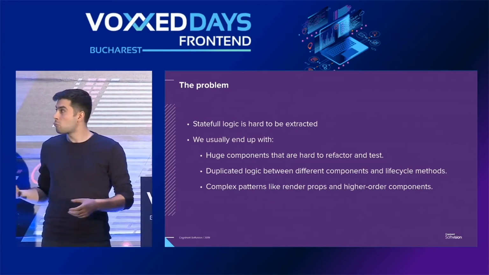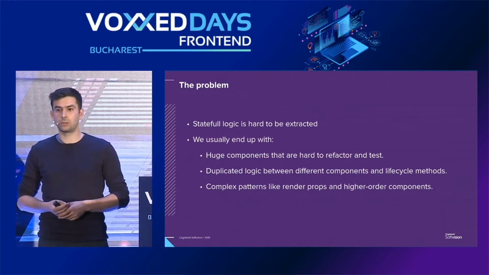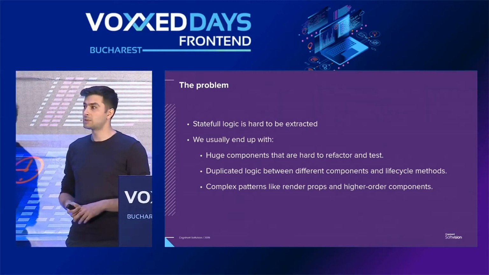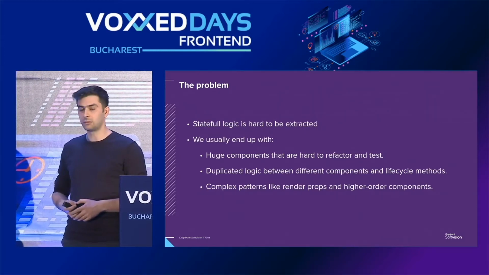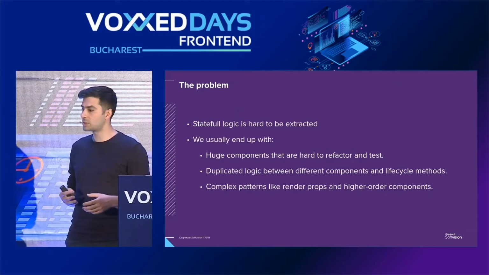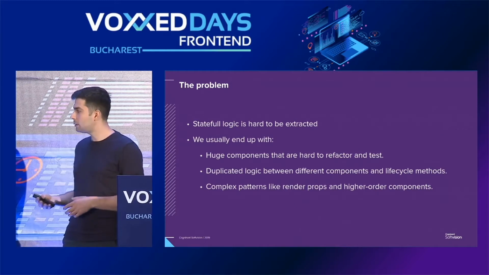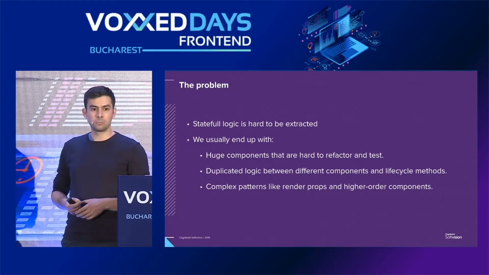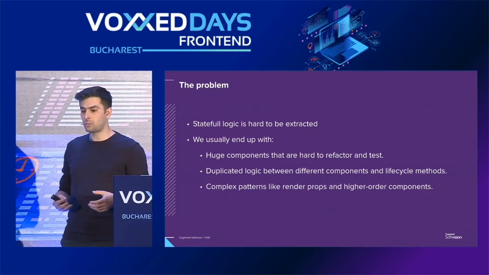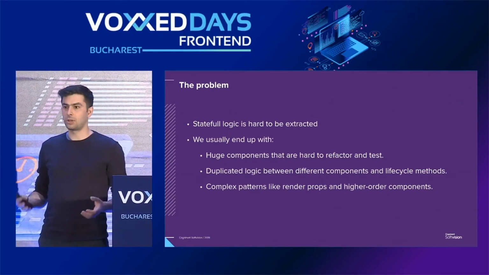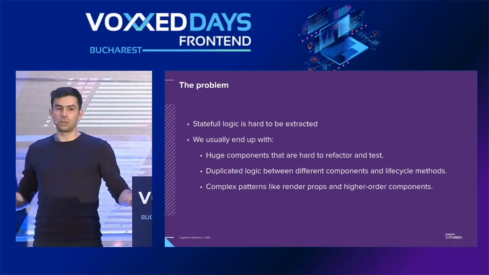So what's the biggest issue in using class components? It's state. It's state logic. It's painful to extract and to compose components in such a way that the state might be reused and not duplicated. So yeah, we end up with components that are wrapped around other components and wrapped around another component.